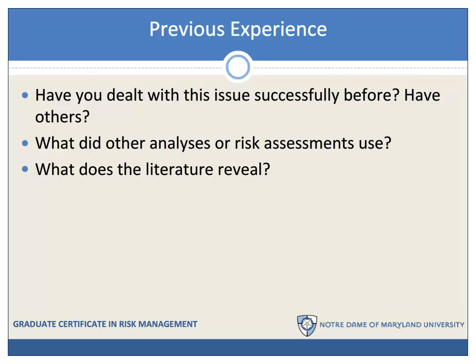Have you dealt with this issue successfully before? Perhaps you have done a risk assessment and you have worked with water temperature data and you know what works because you've done it before. Or perhaps others have gone through a rigorous process and have found a particular distribution that's especially helpful.